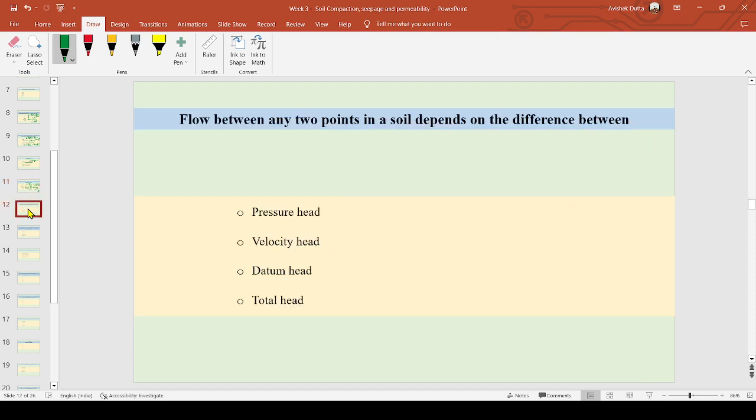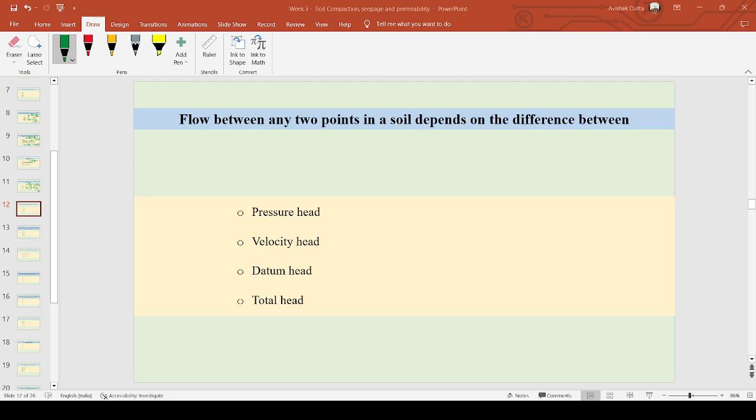Flow between any 2 points in a soil depends on the difference between. What is the answer? It's an easy question. Please tell the answer. Any answer?